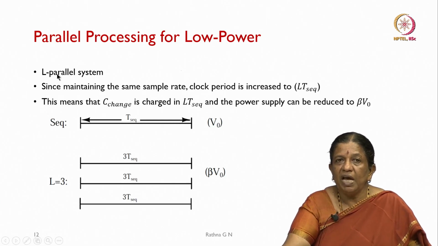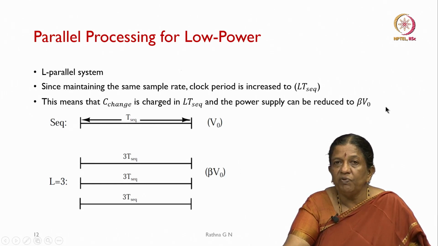So, we say that we have an L parallel system. Since we are maintaining the same sample rate, the clock period is increased to L times the sequential one. So, this means that C charge is charged in L times T sequential, and the power supply can be reduced to beta times V naught.